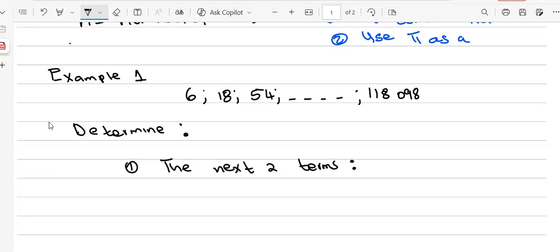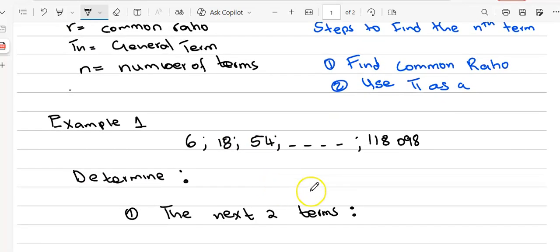When we find the next two terms, remember, let's say it was given that this is a geometric sequence, because we know that 18 divided by 6 is the same as 54 divided by 18.